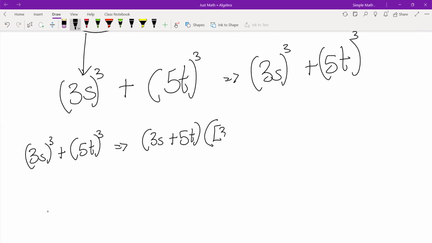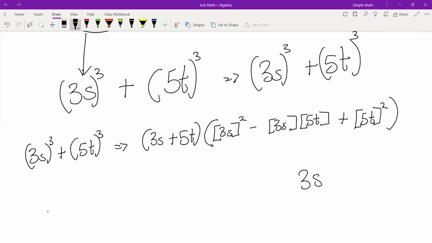So this is going to be (3s) all squared, minus (3s)(5t), plus (5t) all squared, and then close the bracket. I usually use brackets to avoid making mistakes, because sometimes people forget and just think this is going to be 3s squared, and forget that the square is also supposed to affect the 3 here. So let me remove that.